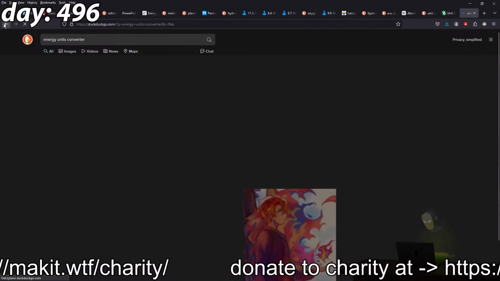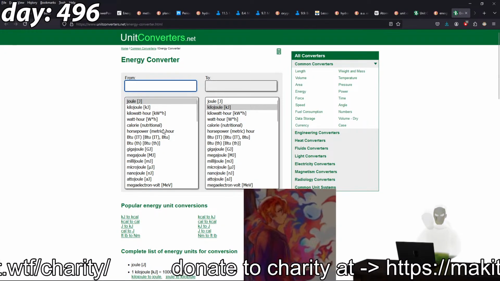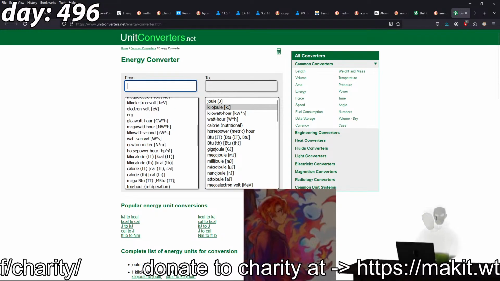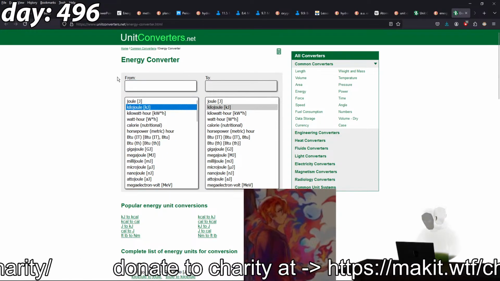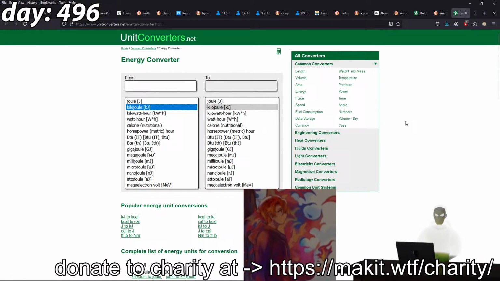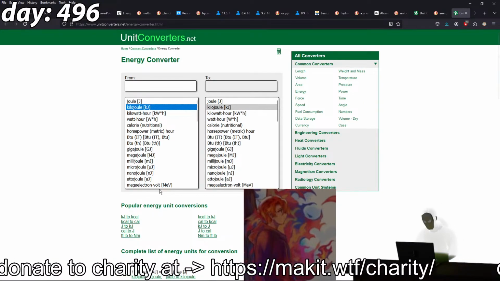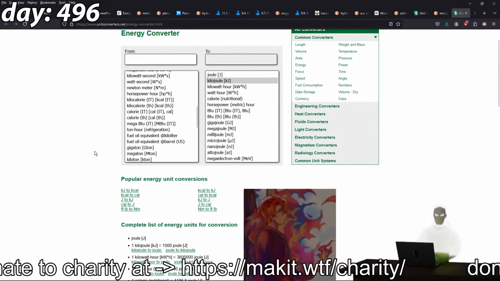Energy converter, yes. Oh, festive. Okay. Wait, why is this? Oh, because it's kilojoules per mole. Of course, it's kilojoules per mole. You just added this extra step.